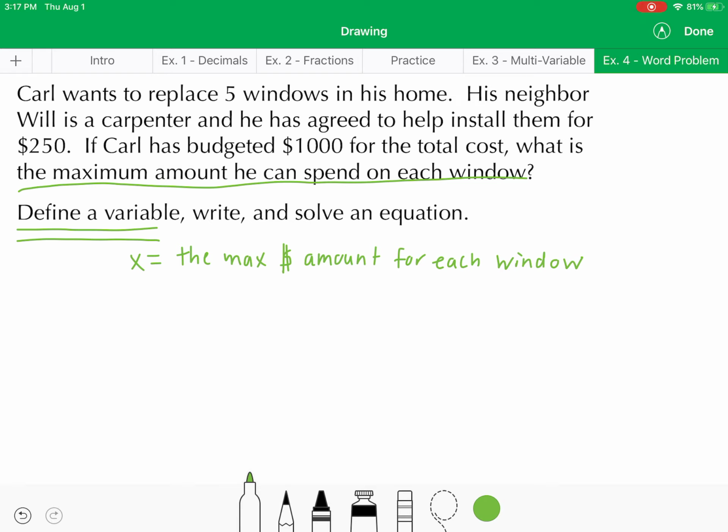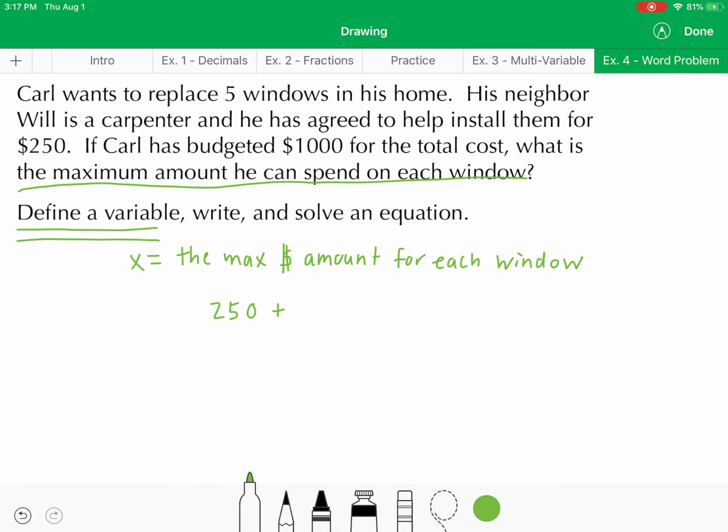From there, we can set up an equation for this scenario. So looks like there are two factors affecting his total cost, right? We know he wants to spend $1,000, and that $1,000 has to go towards two things: the material cost, so the windows, as well as the labor cost. Okay, the labor cost is a fixed amount. It's a constant amount of $250 to his carpenter friend.